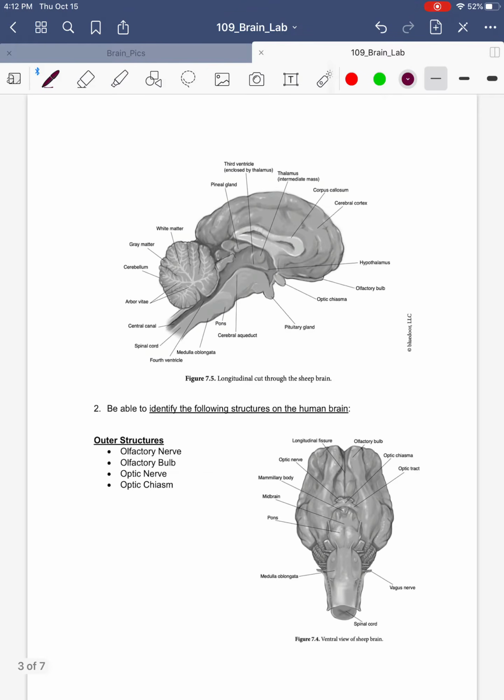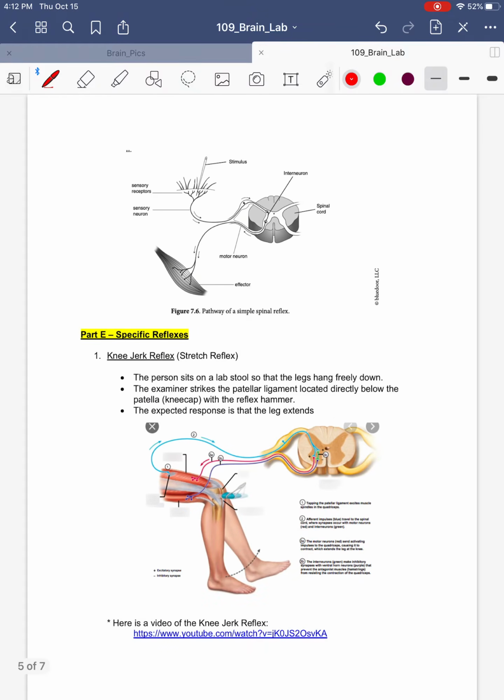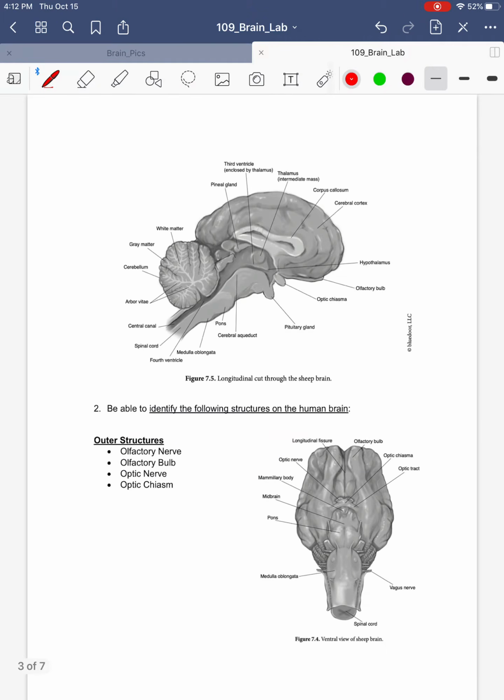Before we do that, there are some outer structures for you to identify. We have some cranial nerves. So the olfactory nerve, I think it's a better picture. Let me see here. They have the olfactory bulb. I'm just going to draw it in, folks.